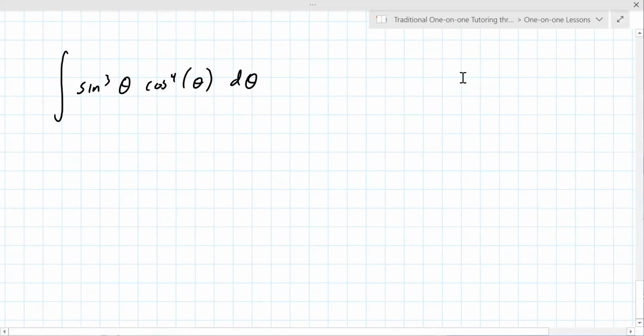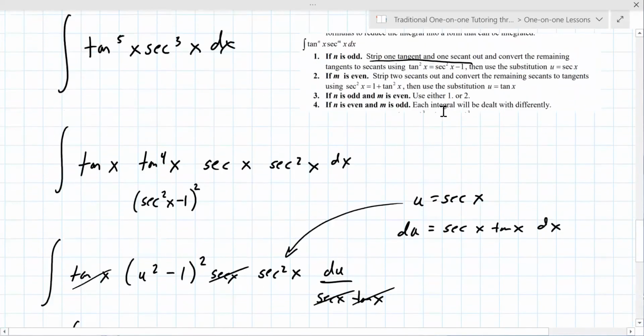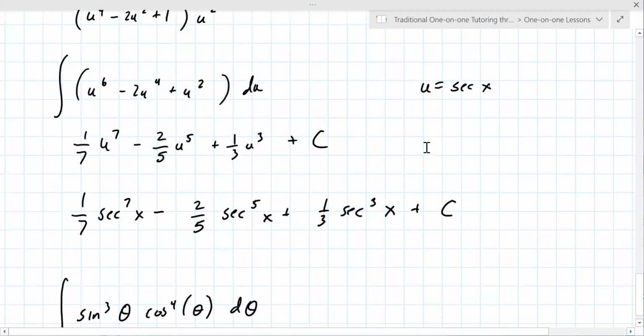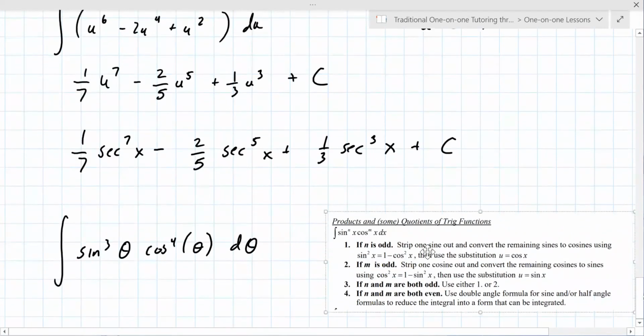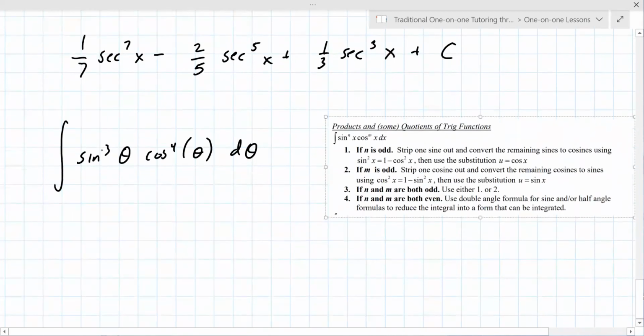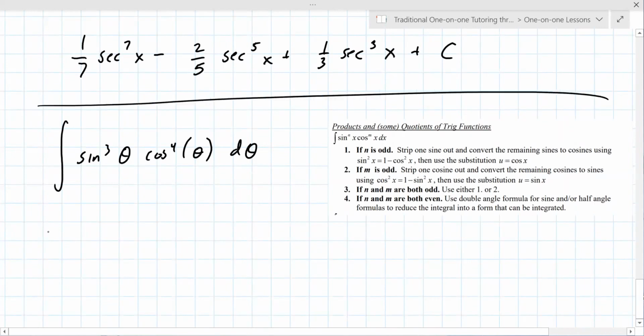So I'm going to grab these rules and go down to the right one. It says if n is odd, which is what we have here, meaning the power of sine is odd, you strip one sine out. So you get sine theta, sine squared theta, cosine to the 4th theta, d theta.